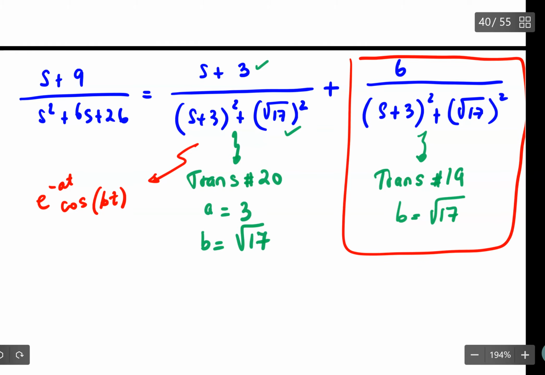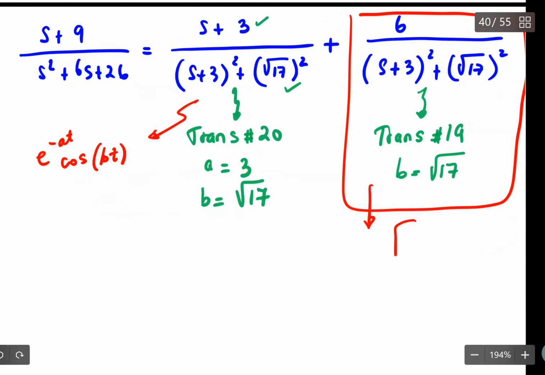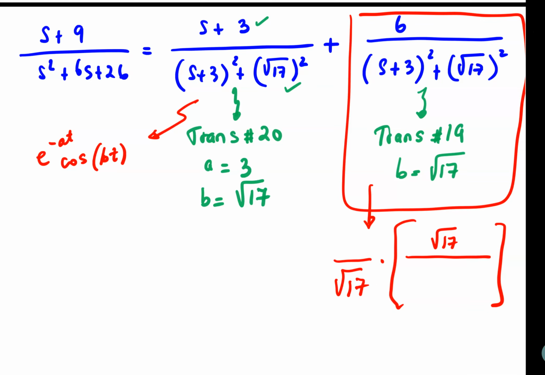Okay, so let's write it down. What I will do is I will multiply this by square root of 17. At the same time, I have to divide it by square root of 17. So let's write the denominator back into this fraction.